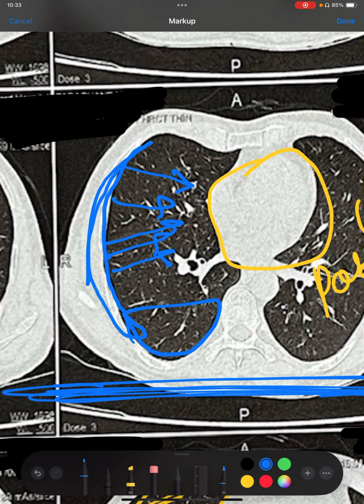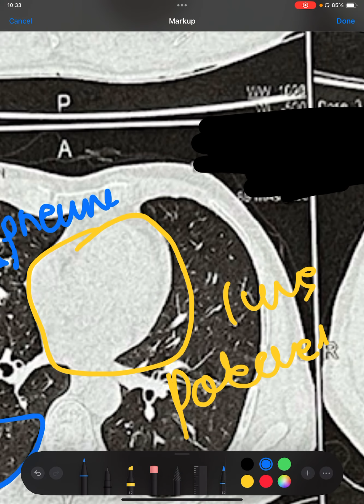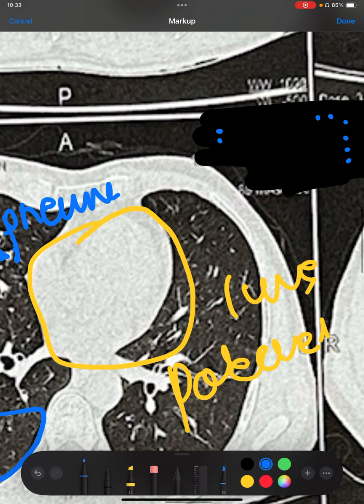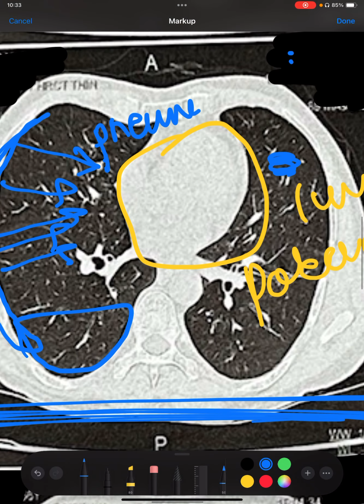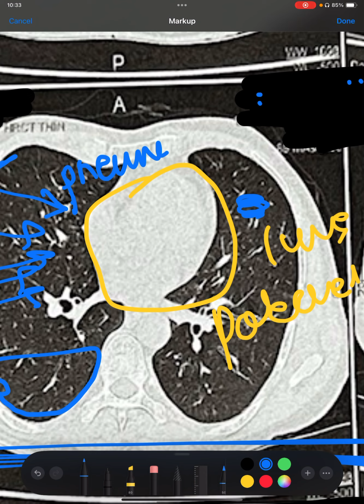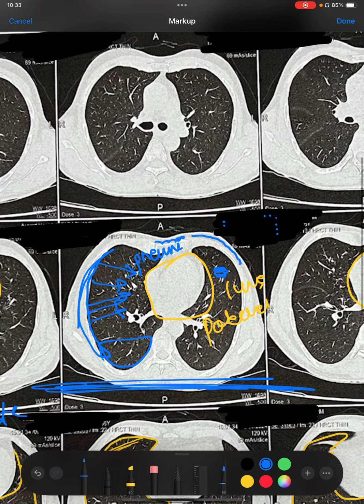But in pneumothorax, pneumo means air, and it will be as dark as this. This is all air. This blackness is the attenuation of air. So if it is effusion, it will not appear black like this, but it will appear white like this. So the water or liquid will appear like this. The attenuation of this whiteness will be of effusion.